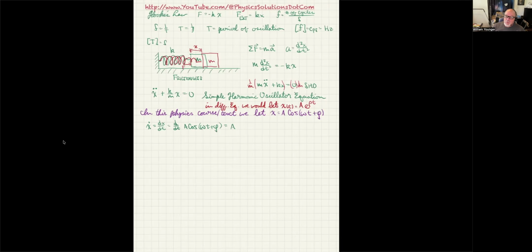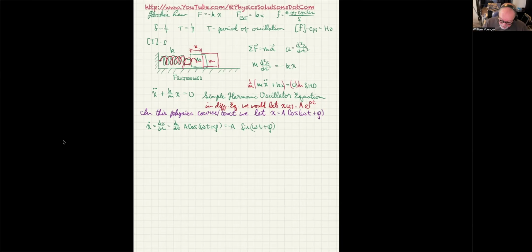When you take the derivative of cosine, you're actually taking it with respect to the argument, which in this case is omega t plus phi. So then you've got to take the derivative of omega t plus phi with respect to t, according to the chain rule. So when I take the derivative of cosine omega t plus phi, I get negative, and I'm going to leave a space here on purpose, sine omega t plus phi.